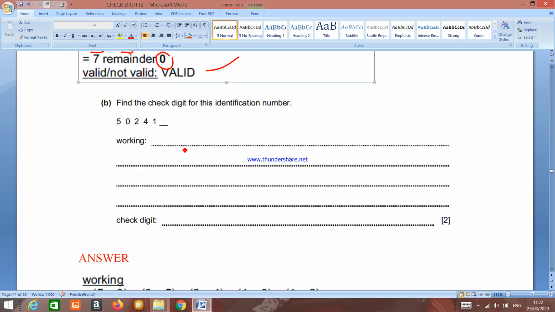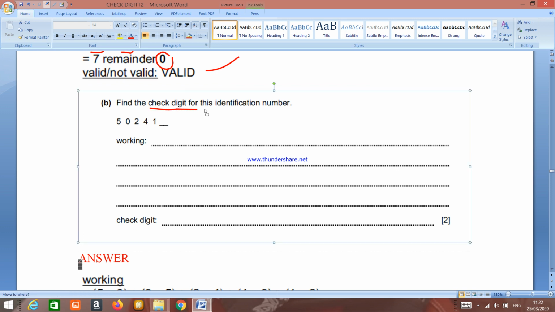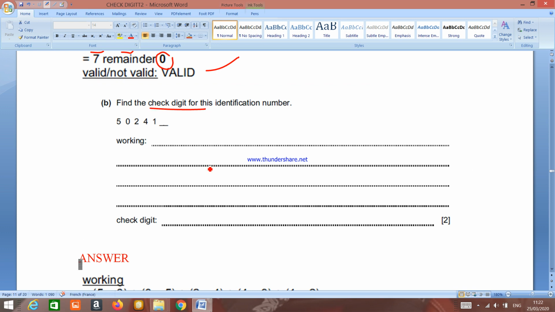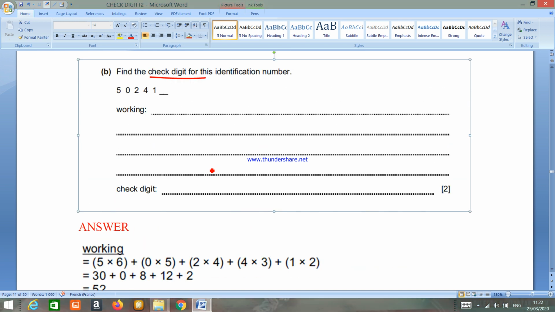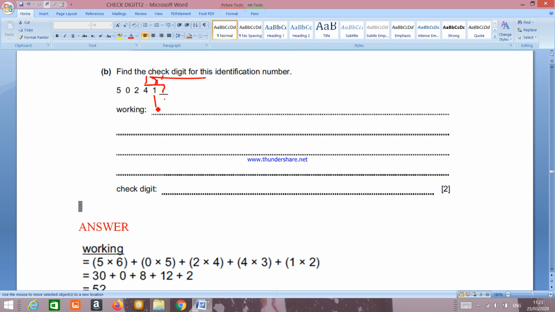Now, in this case, you have to calculate the check digit. Now again, what you do, you don't know the check digit, so it's a question mark. And you write the position. But you start with position 2.